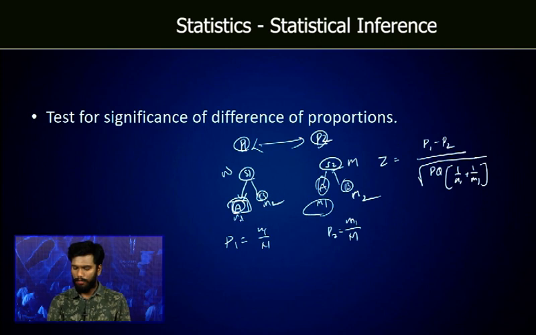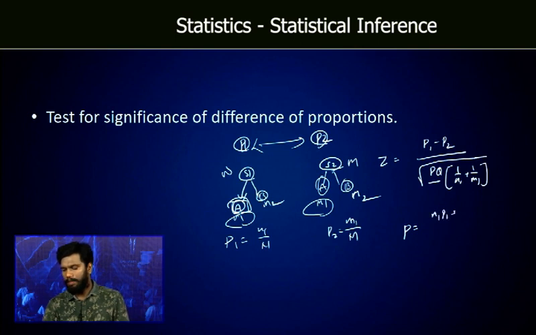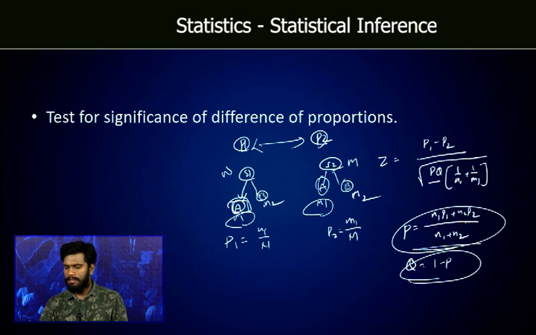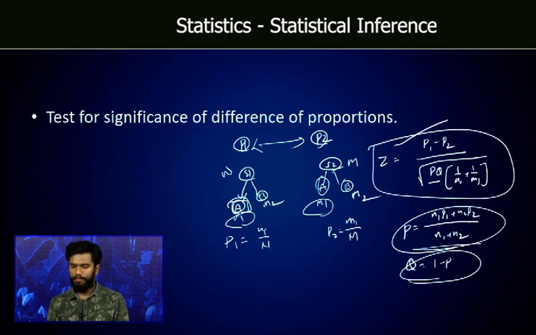Now this capital P, the pooled P, is given by N1 P1 plus N2 P2 by N1 plus N2, and capital Q is 1 minus capital P. These are 2 relations you have to remember.